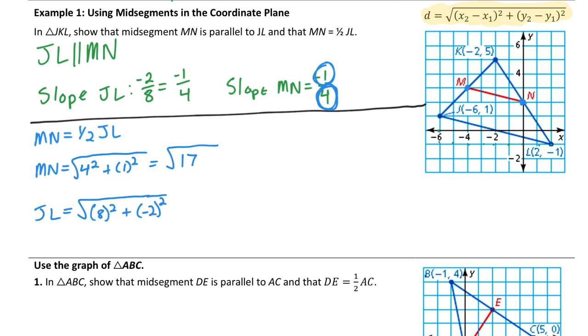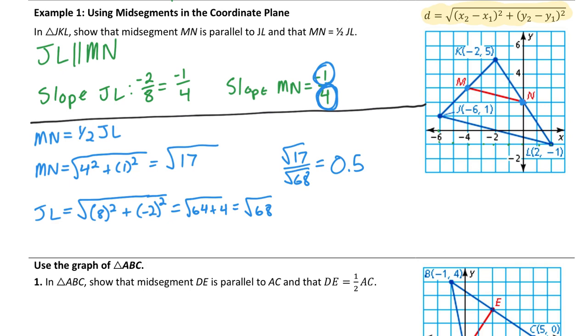So I'm just using the rise and the run from the slope, because our slope formula is y2 minus y1 over x2 minus x1, and we have x2 minus x1, y2 minus y1 in our distance formula. So they are connected. So this becomes 8 squared is 64, 2 squared is 4, so that's the square root of 68. So to confirm MN is half of JL, I would do the square root of 16 divided by the square root of 68. We should notice that we get 0.5. So we just proved it's half the length.